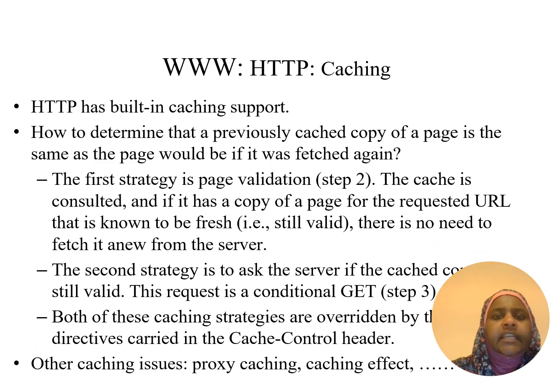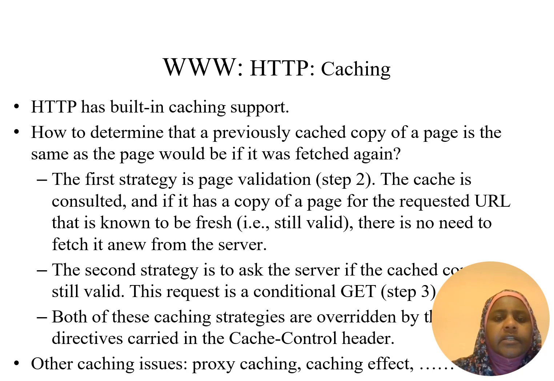HTTP has built-in caching support for better performance. The question here is how to determine that the previously cached copy of the page is the same as the page that would be fetched again. There are two strategies. The first one is page validation, and that is the cache is consulted if it's a valid copy of the page or it's not valid.